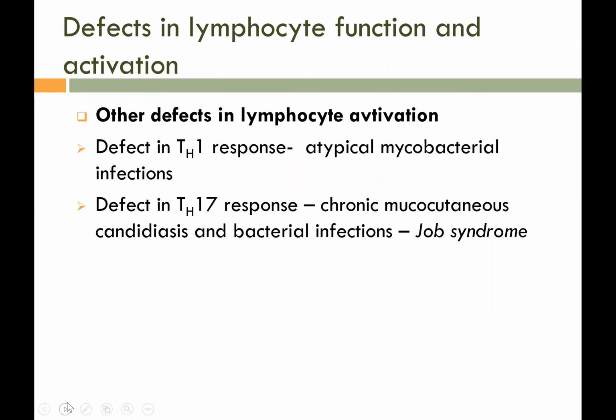So the other defects in lymphocyte activation would be your defect in T helper 1 response, which is associated with atypical mycobacterial infection. The syndrome is called Mendelian susceptibility to mycobacterial disease. And the other one would be inherited defects in T helper 17 response, which can lead to chronic mucocutaneous candidiasis and bacterial infection. This is otherwise known as Job's syndrome.